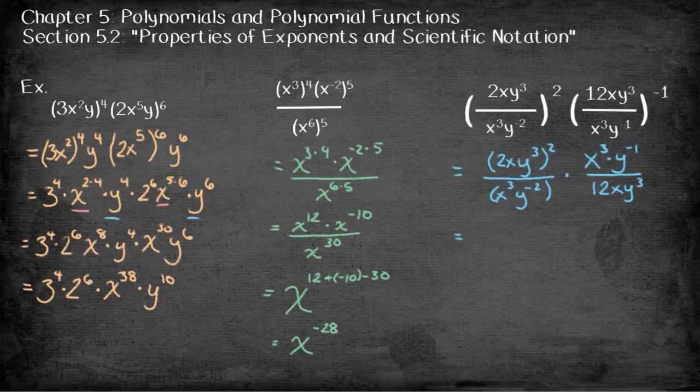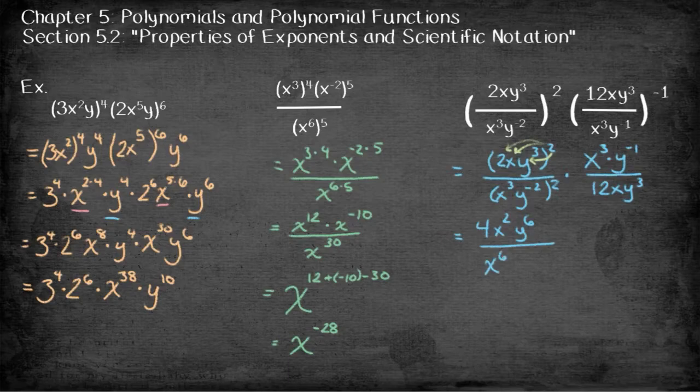Now, since the entire expression in the numerator is getting squared, and the denominator as well, don't forget, you have to apply this exponent to each of the individual factors. So I would have 2 squared, which is 4, and then x squared. And I have y cubed squared, multiply the exponents. Okay, and downstairs I would have x to the 3rd raised to the 2nd, which would be x to the 6th.